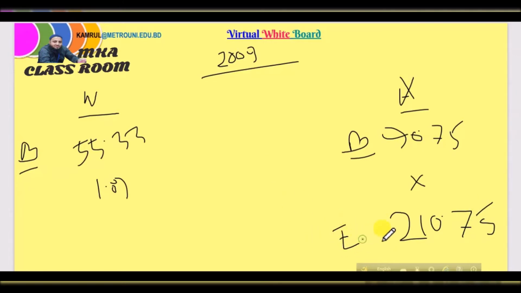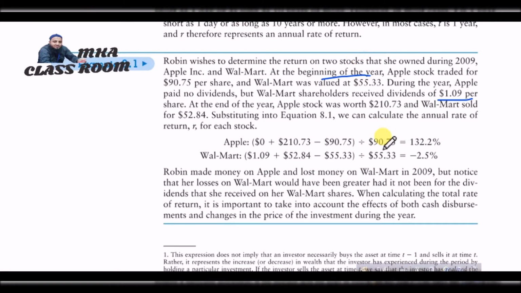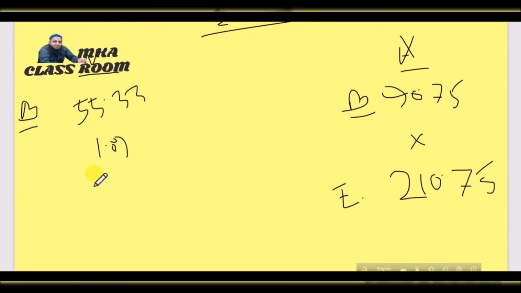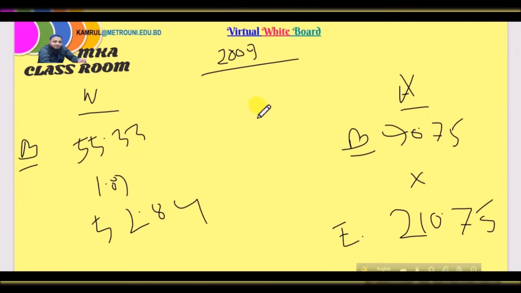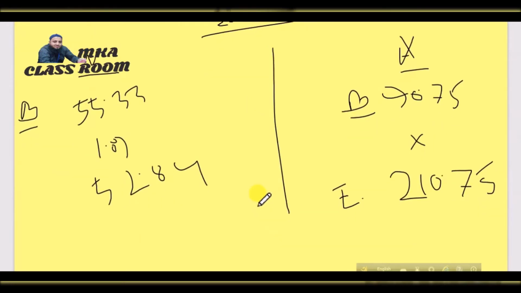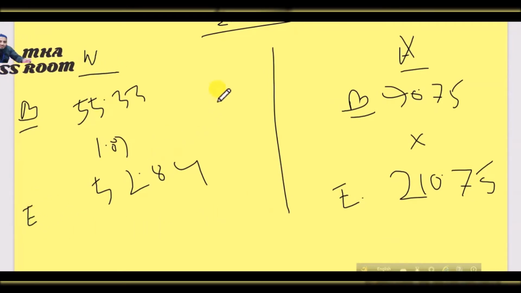Walmart sold for 52.84. So there is our data. Now from this data we have to calculate the return.